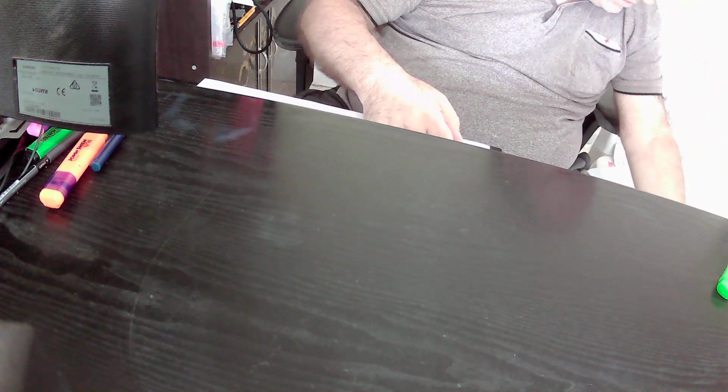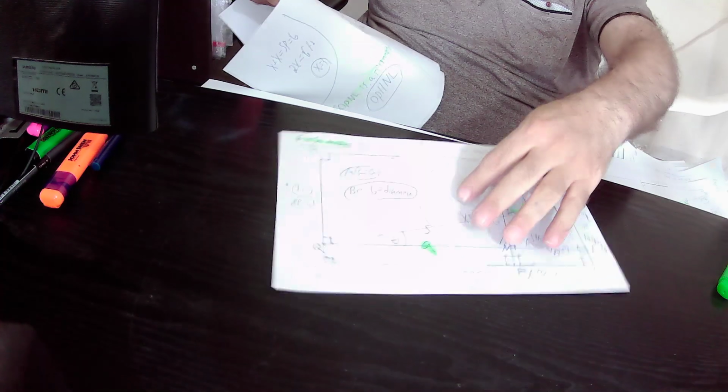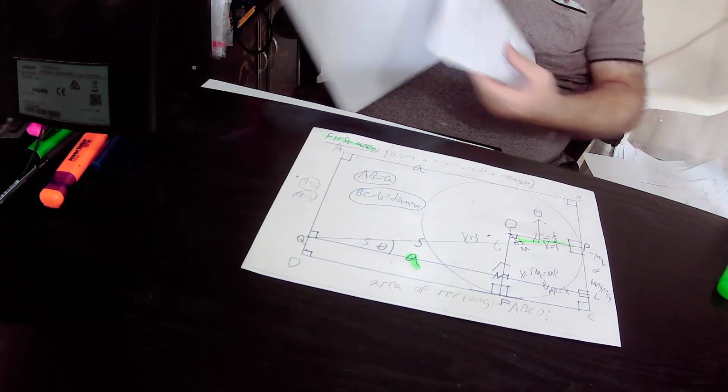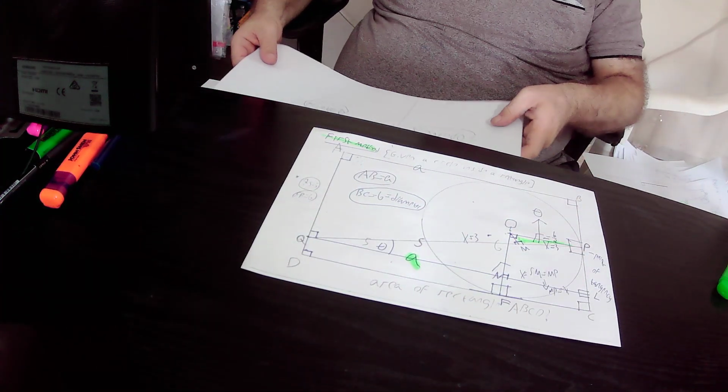Then I presented to you the second question, and we also solved it in two different methods. Here in the drawing we have rectangle ABCD.